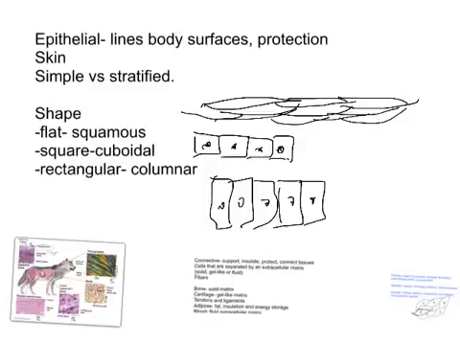Questions on tissues? That is a very superficial explanation of tissues. We left quite a bit out, but it's enough that you now have an understanding of what they are, and that's where I want you to be.